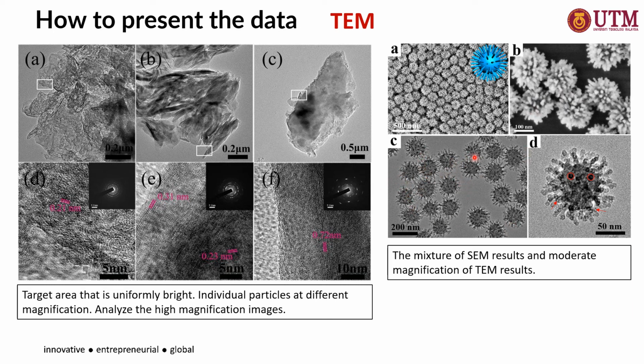You can see the structure, and this is a moderate magnification of TEM. Basically, the sample we can see here I can assume as an amorphous sample. So this is how you can present the sample. By combining SEM and TEM, the data will be much more interesting to discuss.